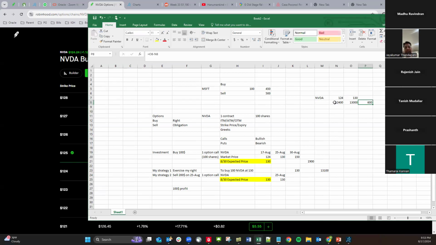But to do that, you need a capital of at least 12,400 to gain a profit of 600. So technically what this means then is, let me do the percentage as well.